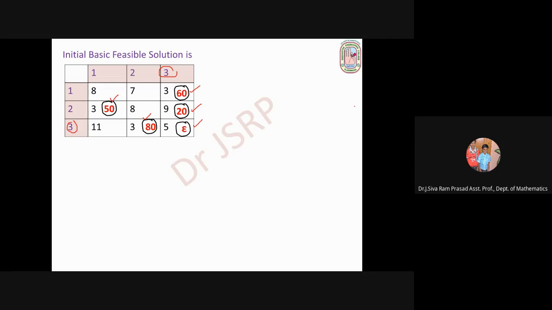Okay, right. So here observe, in the process, in the first step we get degeneracy. Suppose we have not assigned this cell. Then how many basic cells do we have? Only 4. So we require another basic cell. In this position, it is difficult to choose which cell, so for that, epsilon is to be assigned.